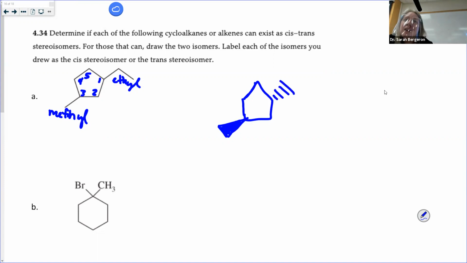But if I leave it like this, I have 2 methyl groups. So what do I need to do? Add my second carbon in the ethyl, and you can just do that with a line because you already know that it's going away from you. So what have I drawn here? The cis or the trans orientation? Trans.